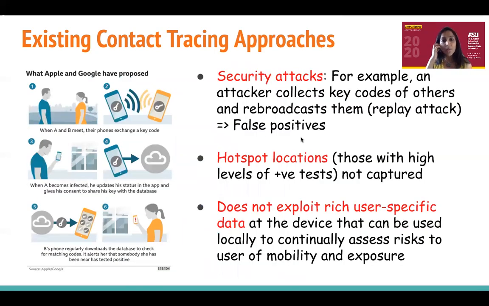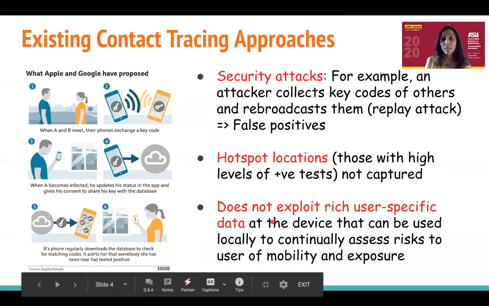Now, this is really a very cool idea, but there are a few limitations to this. One is it is actually vulnerable to attackers who can collect the key codes of others and rebroadcast them, leading to a large number of false positives. Also, since it does not use any kind of location-based identification, you cannot track hotspot locations using this kind of contact tracing app.